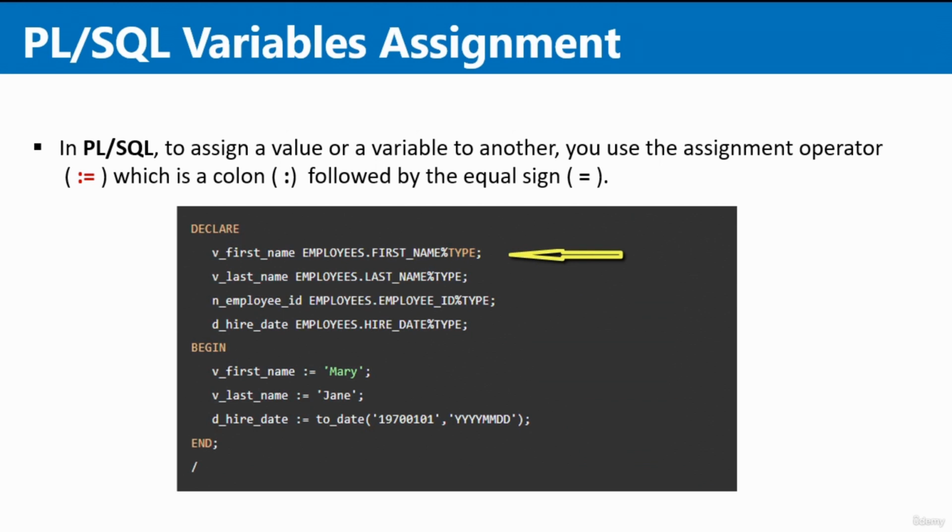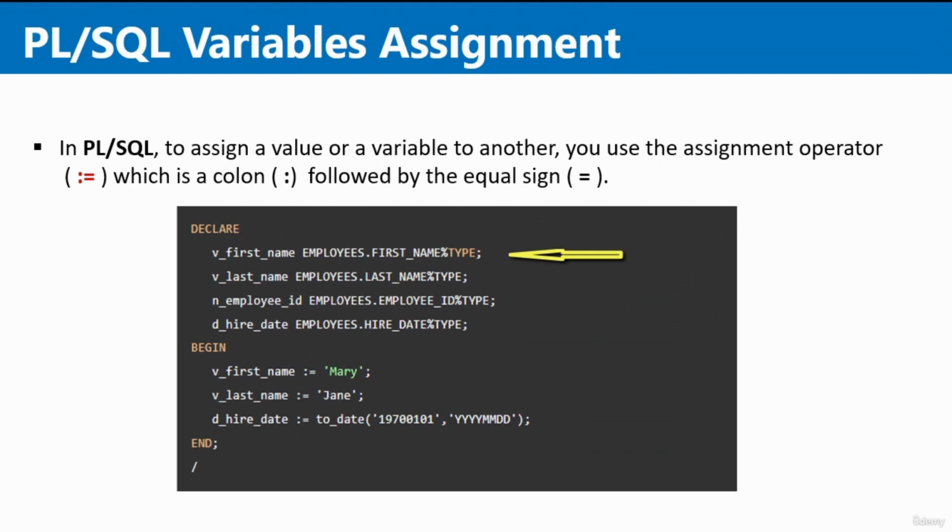When you declare a variable, you also have to specify the type of data that the variable is going to store. In this example, I'm going to use the data type that is stored in the table called employees, and in that table, there's a column called first_name.